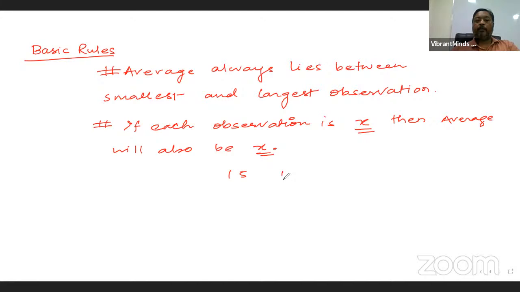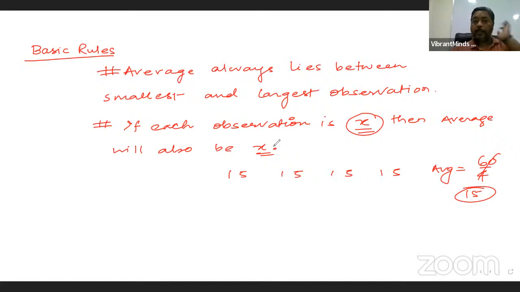Suppose I have observations as this. What I will have? I will have average as 15, 15, 15, 15, that is 60 by 4. The average will be same. So I wrote, if each observation is X, then average will also be X.